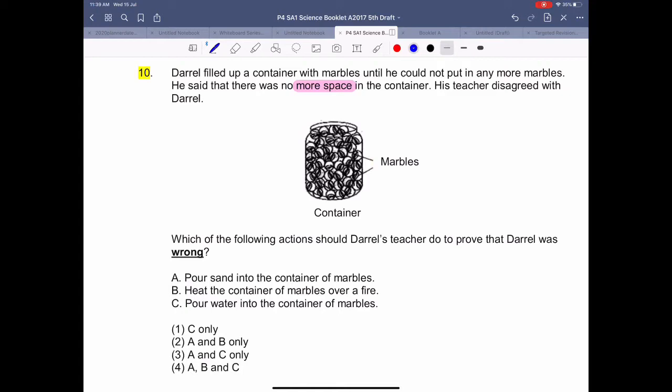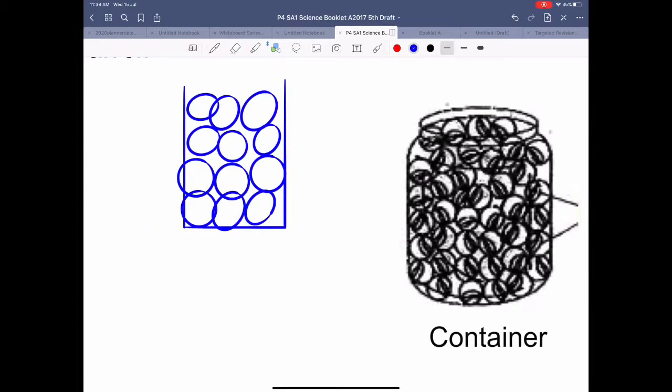But in actual fact, if you ask me, when you take a look at this container, and you zoom in, I'm just going to shade for you.